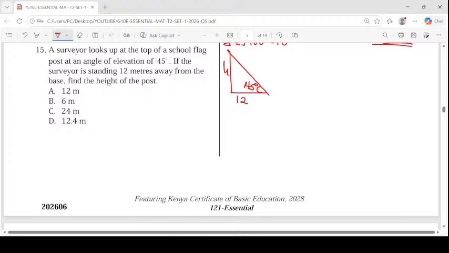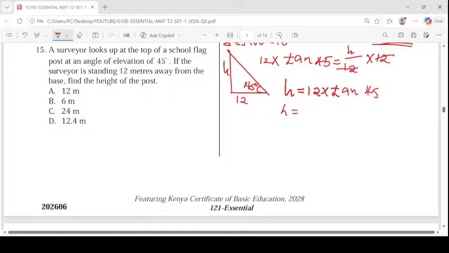When you apply SOHCAHTOA, opposite and adjacent, you use tan. So tan 45 will be given by the opposite, which is h, over adjacent, which is 12. To make h the subject, I'll multiply by 12 on both sides. 12 and 12 cancel, so h is 12 multiplied by tan 45.